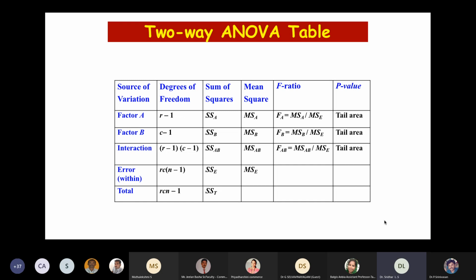Sometimes it may match and there is no difference, but the majority of the time you will find that there is a difference. That is what the interaction tells, and the interaction results help to propose the hypothesis. The very important hypothesis here is the interaction of factor A and B.